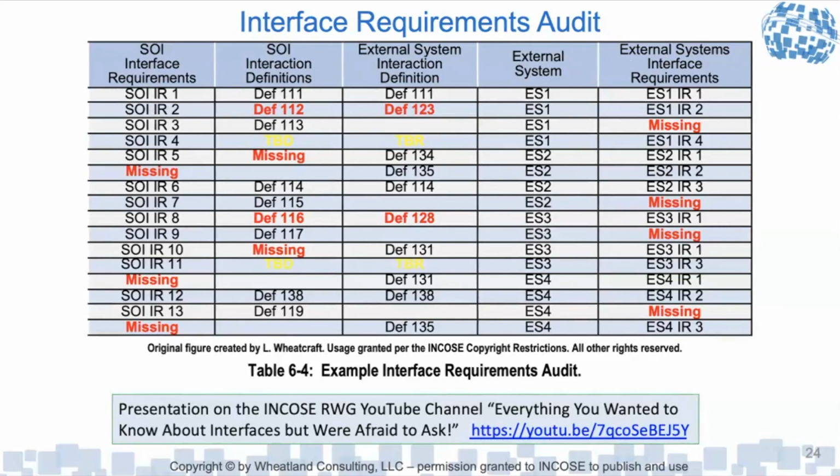If they're pointing to different definitions, the chance of the interaction between the two working is not good. In some cases, I have an interface requirement with one system, but the other system doesn't have a requirement to interface with me. So again, we have a problem. In some cases, I have an interface requirement, but the definitions are TBD for both parties. And so this audit is really helpful, and it's surprising how much red you find when you go do that.